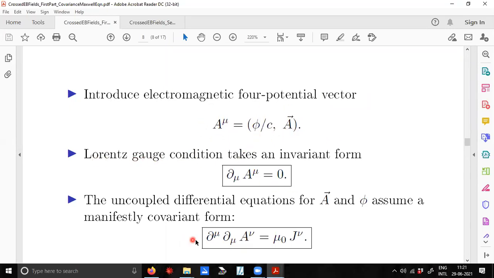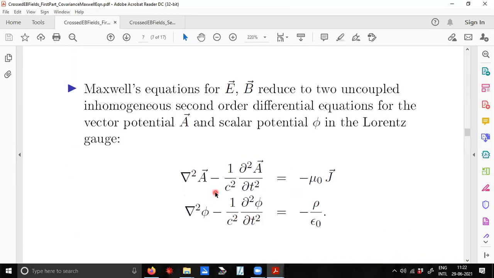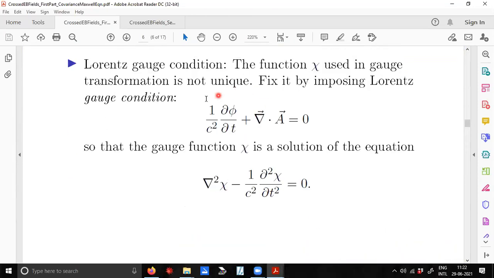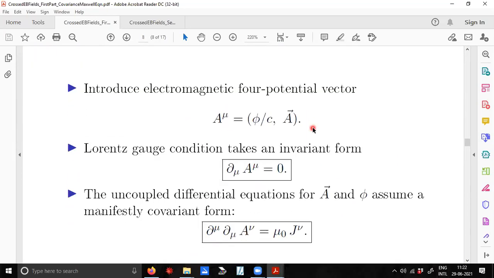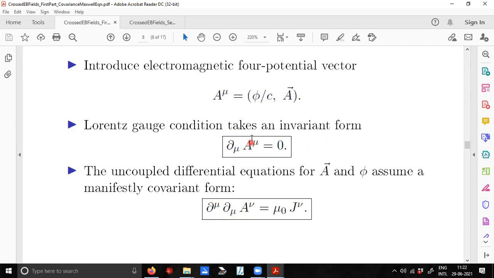And what is the Lorentz gauge condition? I showed you what a Lorentz gauge condition is. This equation can be written compactly as a covariant equation: dou mu A mu is equal to 0. It's such a short form. You have to write out dou 0 A0 plus dou 1 A1 plus dou 2 A2 plus dou 3 A3.